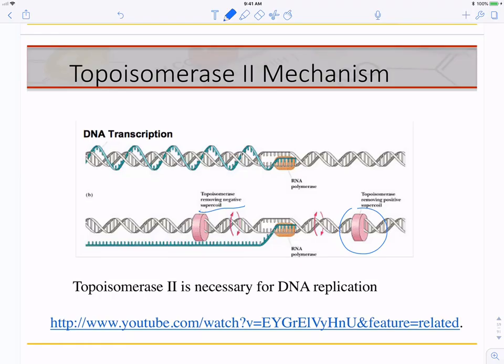Those enzymes are believed to recognize sequences of DNA and bind, basically forming a transient phosphodiester bond with the backbone of DNA, and in doing that allow for breakage and reattachment.